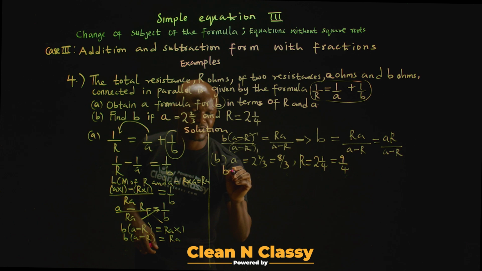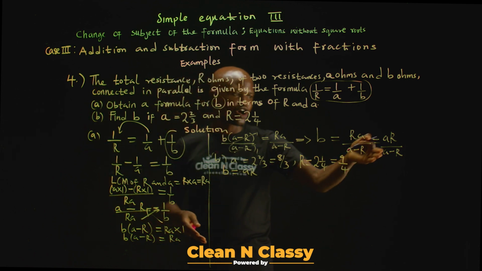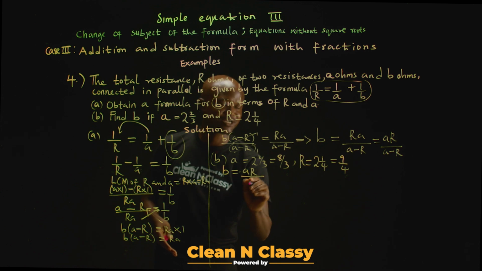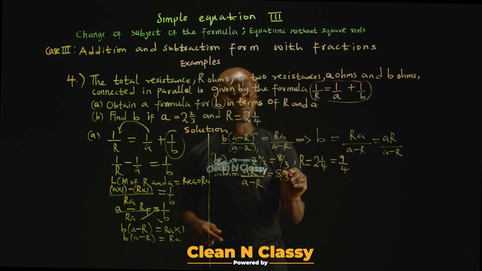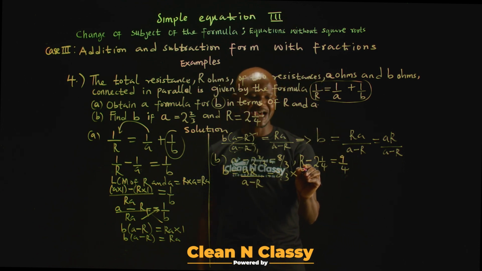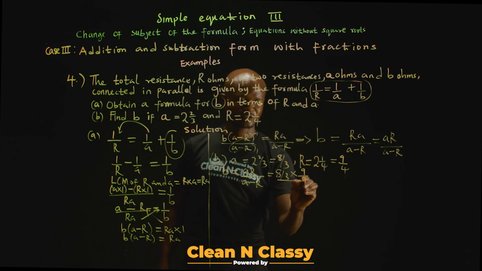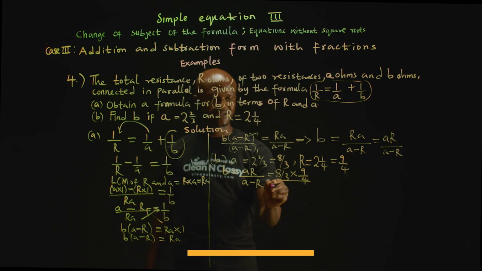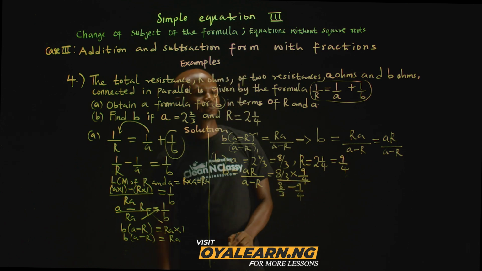Now, B equals AR divided by A minus R. We are going to use the result of the first part of this solution to solve the second part. What is A? A is 8 over 3, times R, which is 9 over 4, divided by 8 over 3 minus 9 over 4.